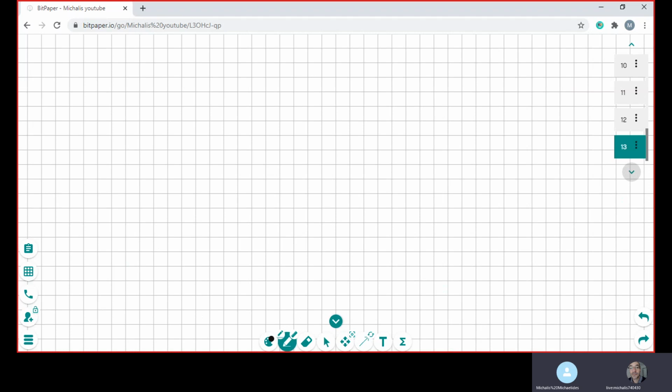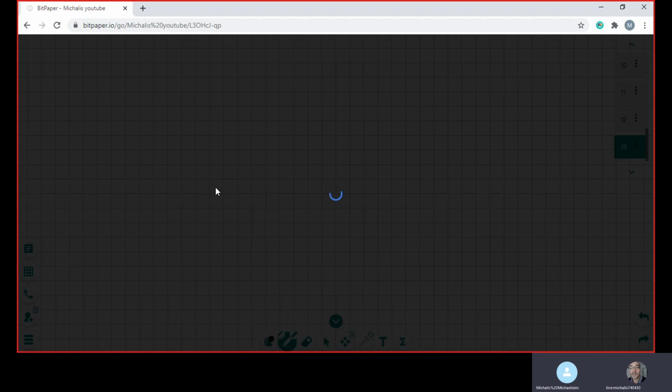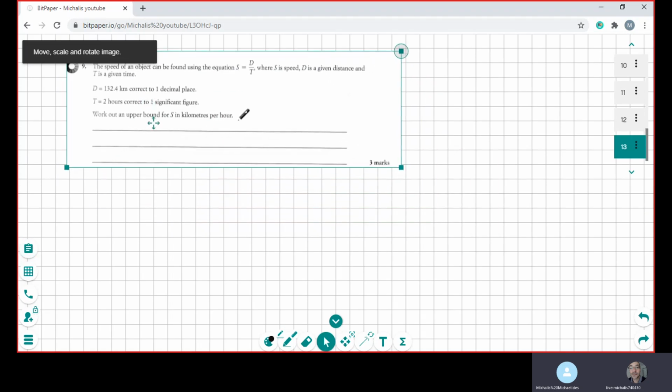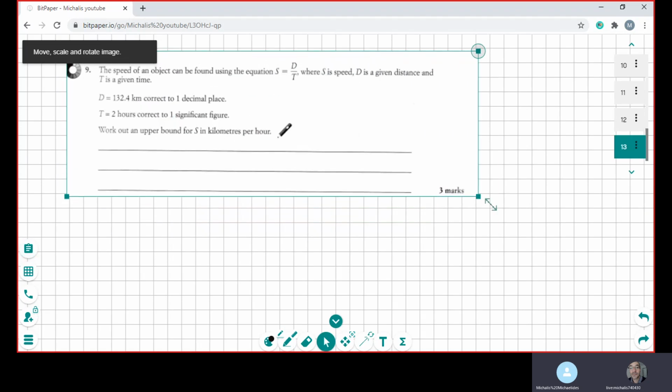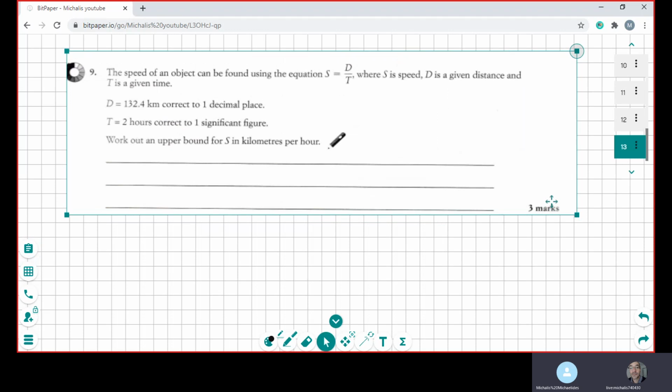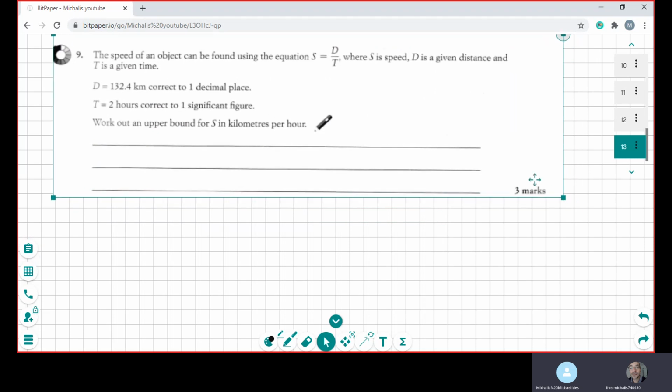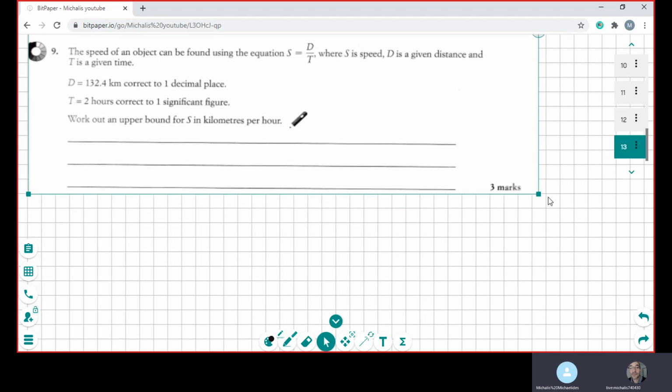So the next topic is the bounds. This is a question of finding the error interval or the bounds of a number when the numbers have been rounded. The bounds are the maximum or the lower values that this number can take.